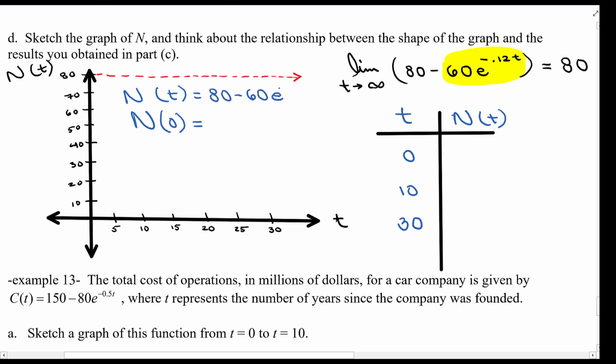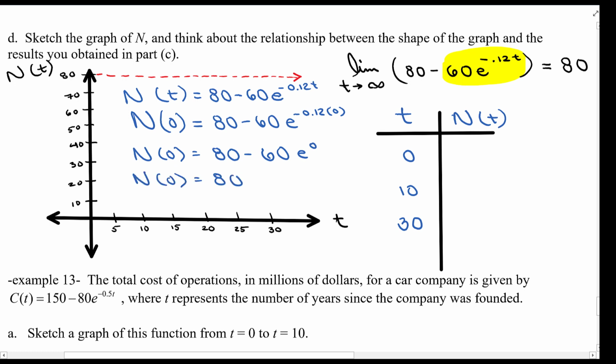So n of 0 is equal to 80 minus 60 times e raised to the negative 0.12 times 0 power. n of 0 is equal to 80 minus 60 times e to the 0 power. n of 0 is equal to 80 minus 60, so that's just going to be equal to 20. So (0, 20) is going to be that first ordered pair to plot on my graph.